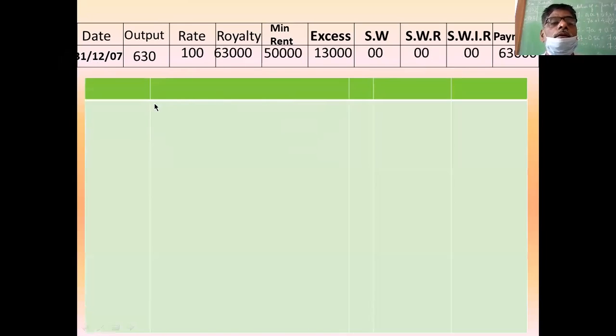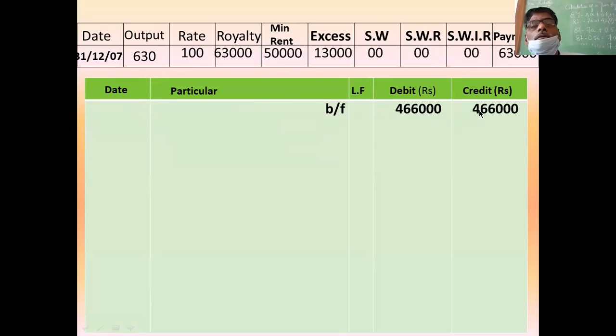2007. Brought forward 4,66,000 amount. In these columns you see SW 0, SWR 0, SWIR 0. So the point of including short working will not arise.